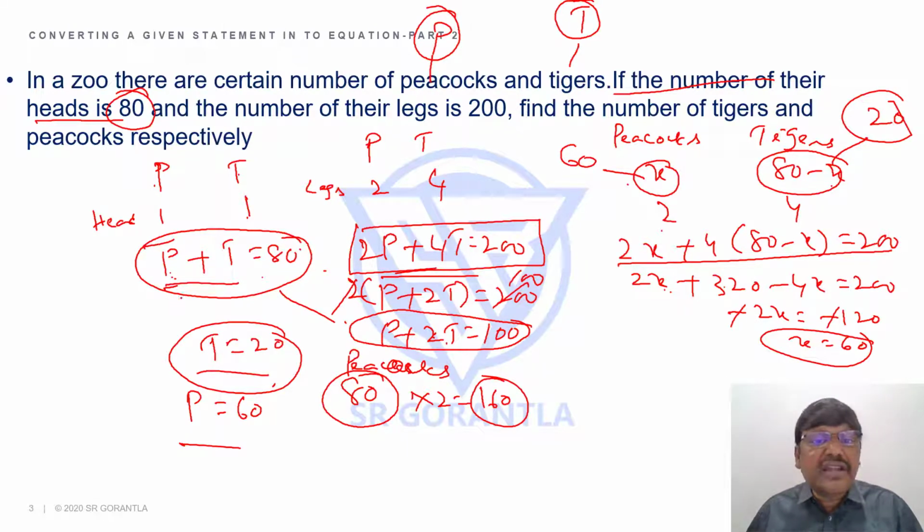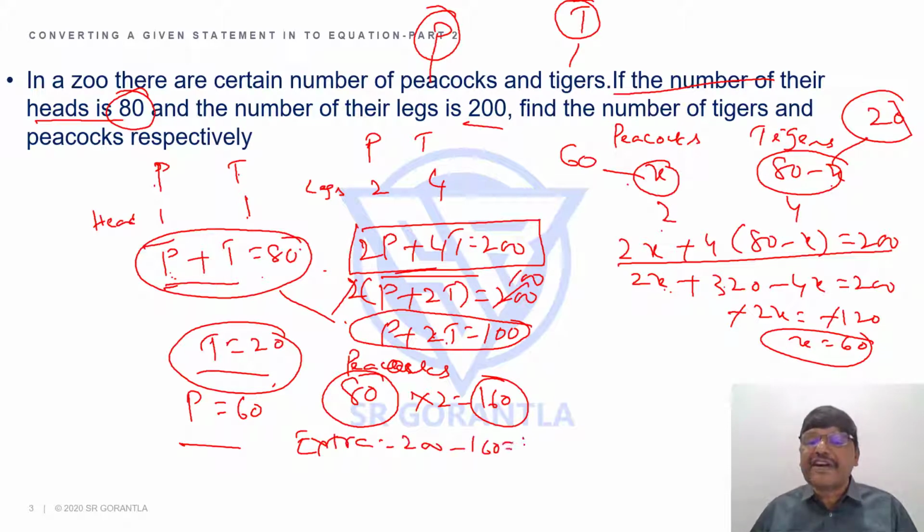But how many legs are there in the question? There are 200 legs. That means how many legs extra? 200 minus 160, how much is it? 40 legs extra. That means all 80 are not peacocks, there must be a few tigers.